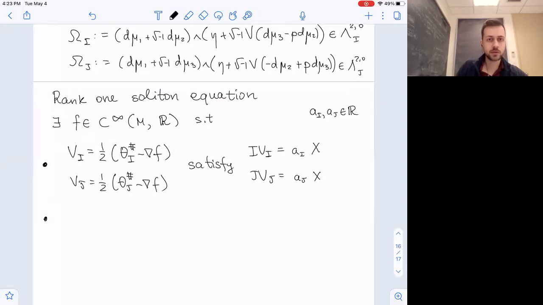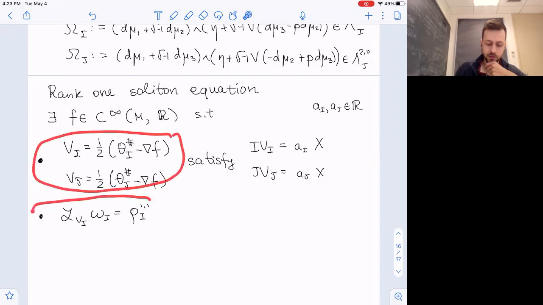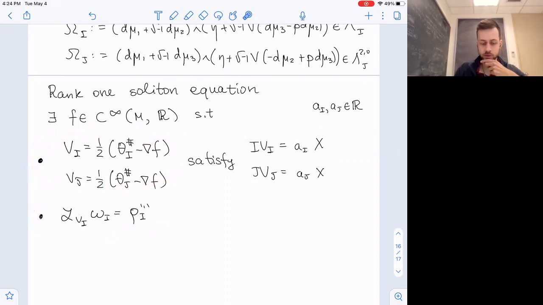There are several ways to write it down. L_{V_I} of omega_I equals the Bismut-Ricci form. So these together give you the complete description of the soliton equations.